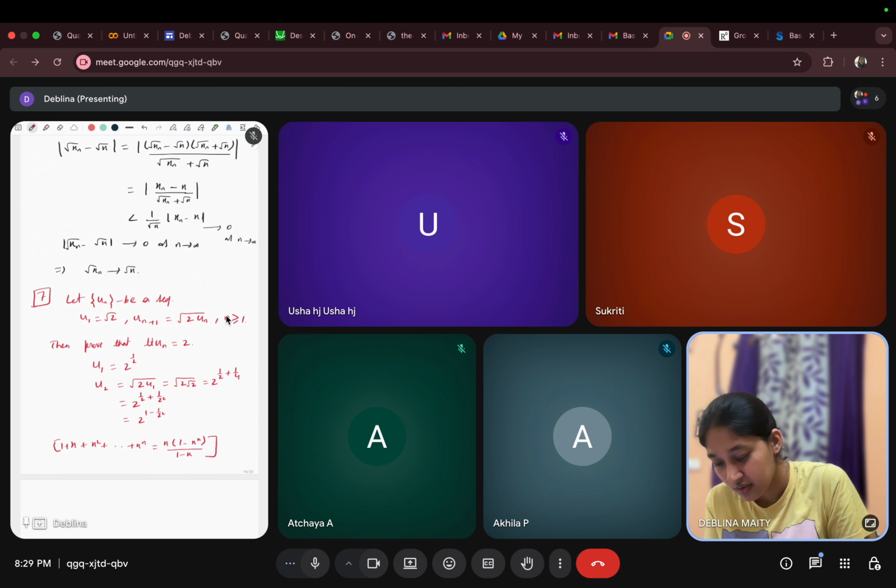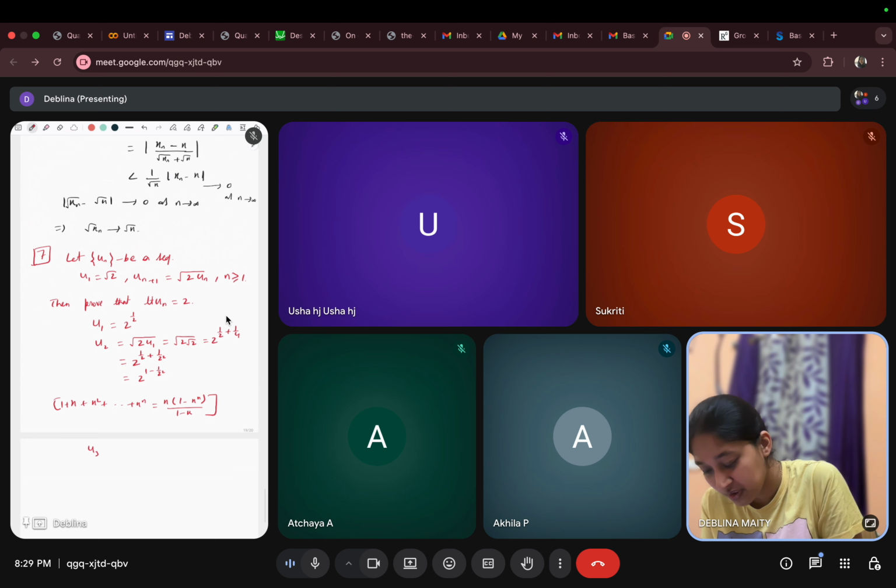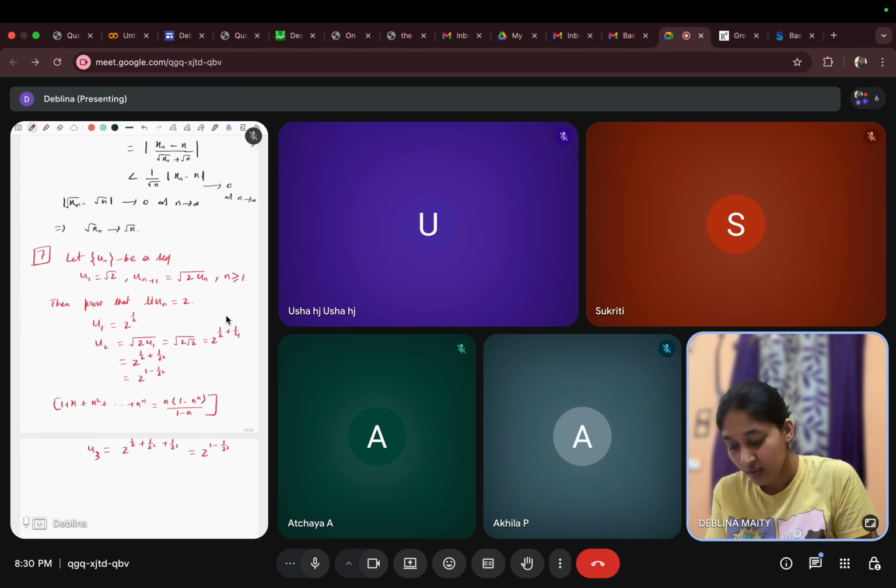So now u3 is what? u3 is 2 to the power half plus 1 by 2 squared plus 1 by 2 cubed, right? Then it is nothing but 2 to the power 1 minus 1 by 2 cubed, like this.